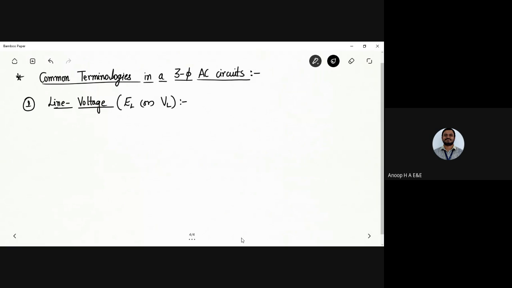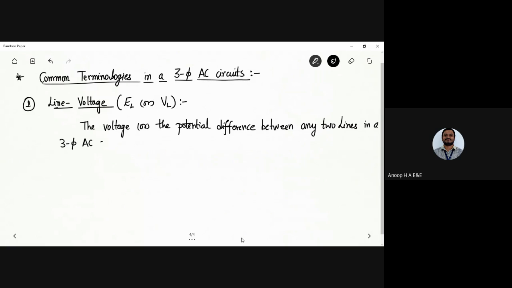Now, how do you define line voltage? The voltage or the potential difference between any two lines in a three-phase AC circuit is called the line voltage.